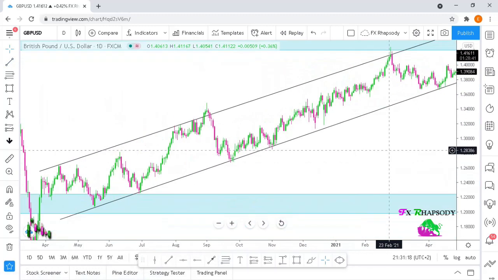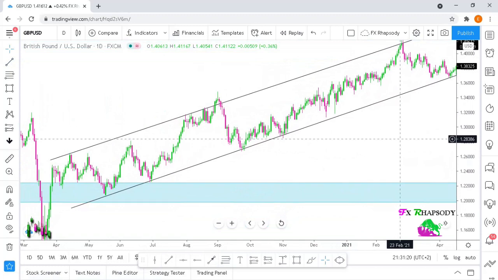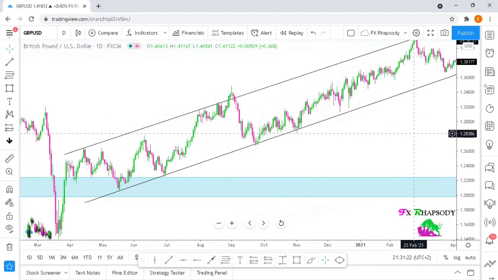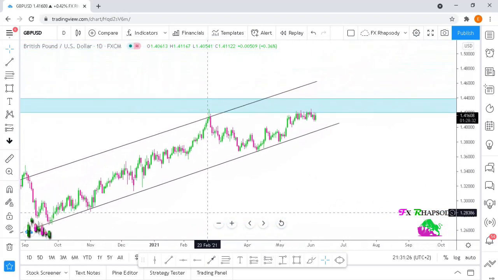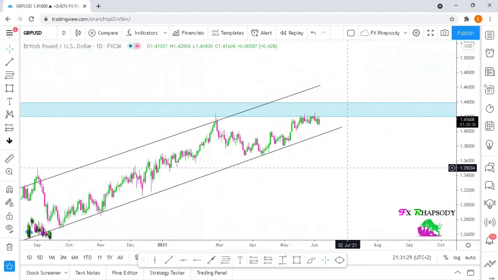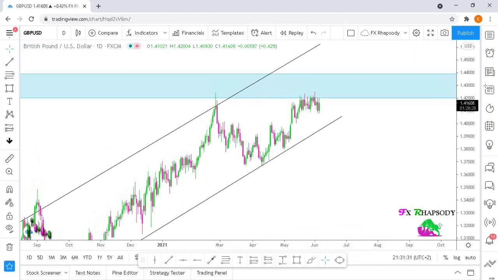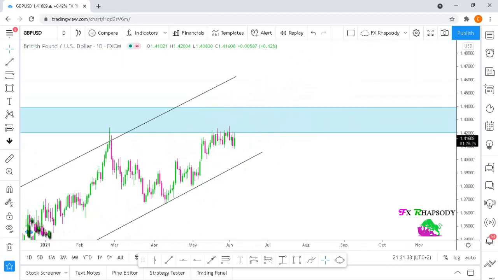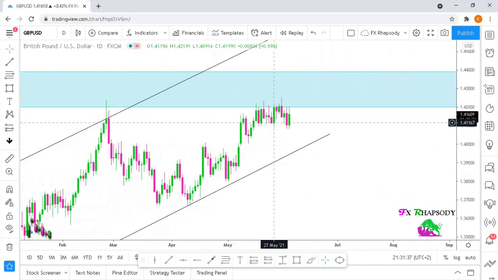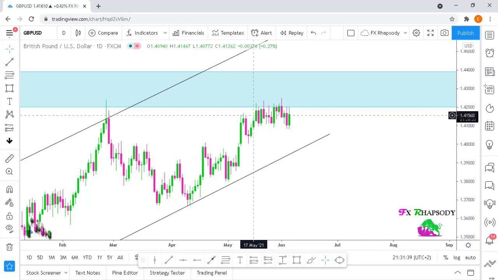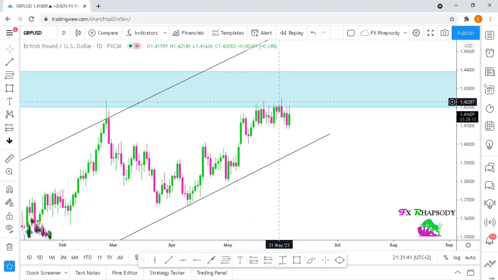So yeah, we can see that GBP USD, the pound, has been moving in that zone, following a nice uptrend all the way to the top, to this area of resistance. And you can see how this area has been tested and retested the whole time. It's as if it's hitting this roof, if I can say that.